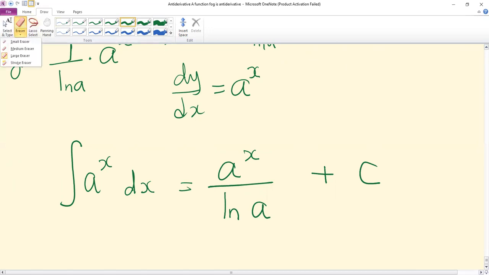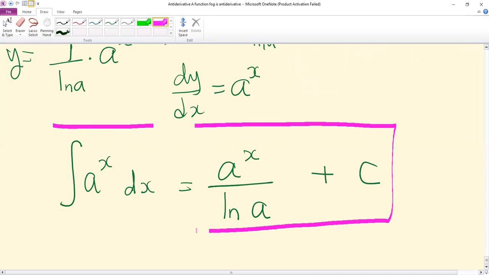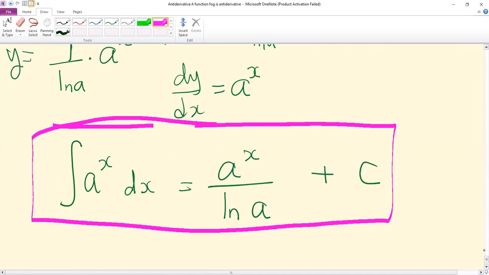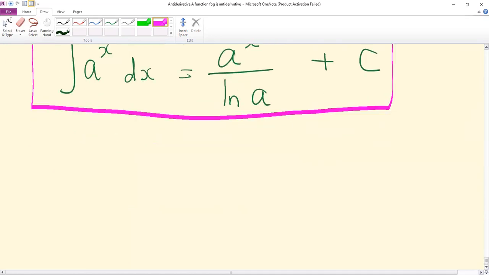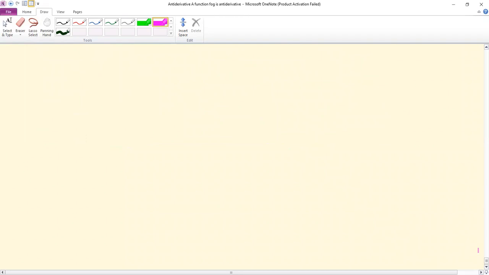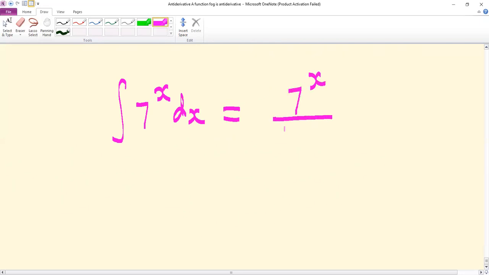So that's what we need to be knowing. If they ask you to find, for example, the integral of 7 raised power x dx, then you should be able to say that the answer will be 7 raised power x over ln of 7 plus c.